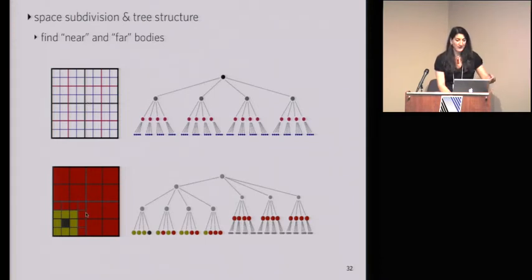Now, when you want to know what's near and what's far, suppose I want to evaluate something at this black box over here in the lower left-hand corner, and the near field of that is going to be these light blue boxes around it. And you can see when I look at the tree, what are the nodes in the tree that are associated to those boxes.